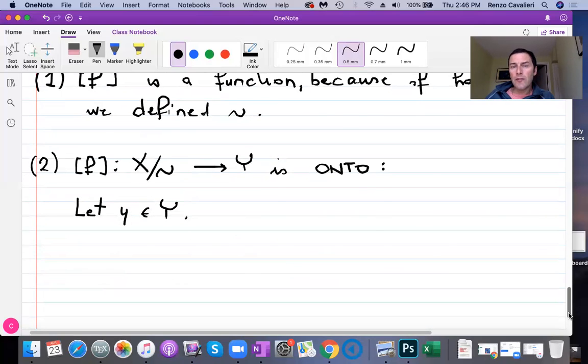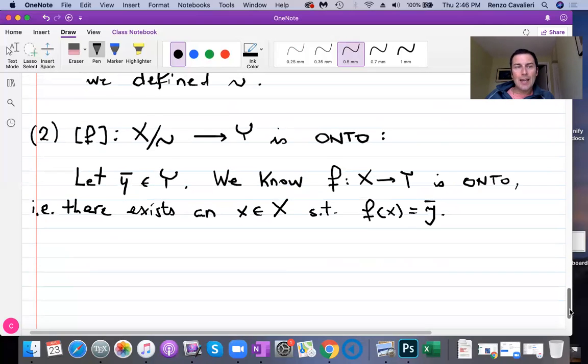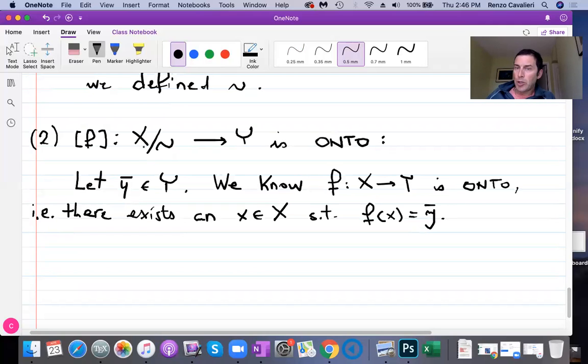And now what we're looking for is an element of the quotient set x mod tilde that is sent to y bar by square bracket f, but then we have it, right? Because we can use this x to make it.